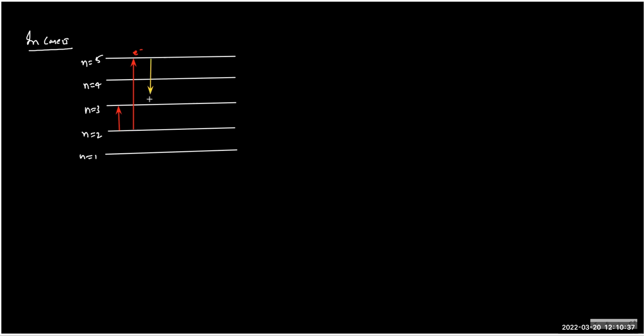So you may go from the top to the bottom. Okay. You may go from top to the second one and then bottom. You may go from top to the third one and then further transition, or you may go like this and then, this is not the end. So extend this line.